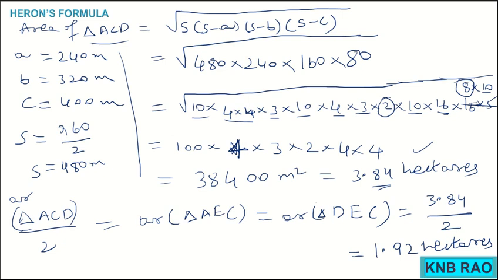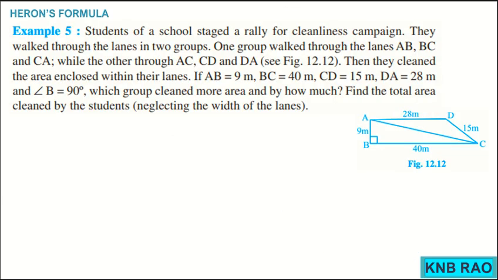Now the question, or example number 5. Moving on to example number 5. Students of a school staged a rally for cleanliness campaign. They walked through the lanes in two groups. One group walked through the lanes AB, BC and CA back, while the other group walked through AC, CD and DA.